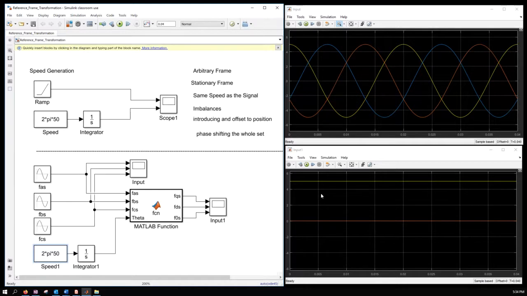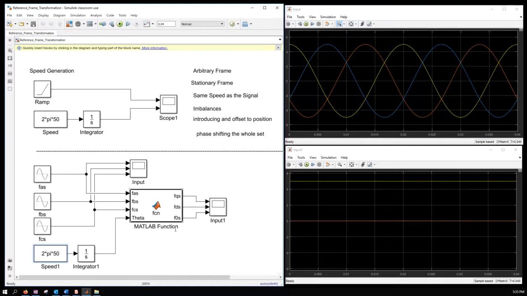Okay, so all right, so now we know how to work with these signals. We can transform and transform them back, but what will happen if there is an imbalance? Alex, you have a question? Well, so now be careful, Alex.